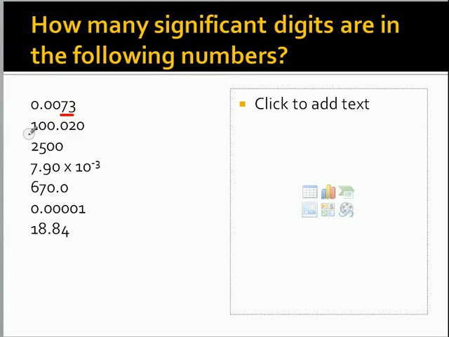Here, all of them: 1, 2, 3, 4, 5, 6. Here, only 2. 3 over here. We're going to ignore this. 3 over here again. 1 over here. And 4. I may get it wrong, so let's see.